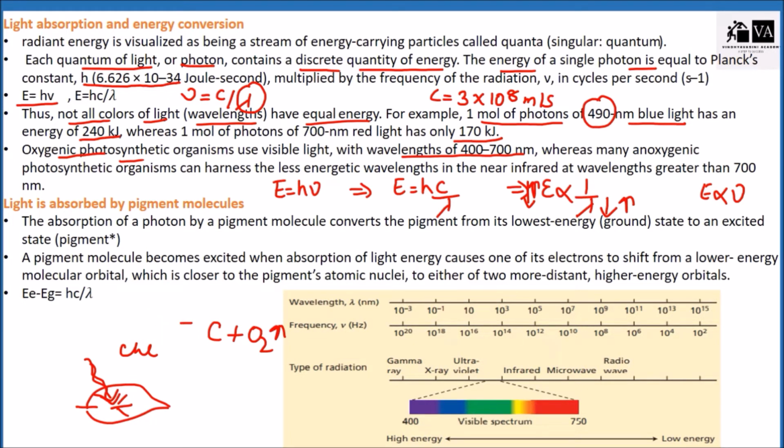So before understanding this, we should have a basic idea about the electromagnetic spectrum. This is an electromagnetic spectrum from gamma rays to radio waves.